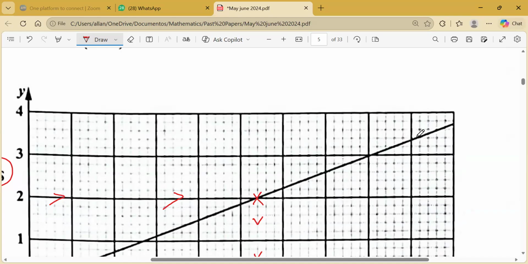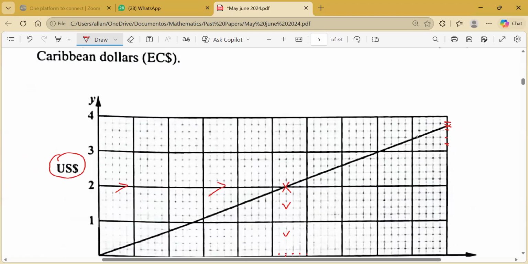Now in this graph, 10 hits right here. It's actually between 2 points, so this would be a little tricky.